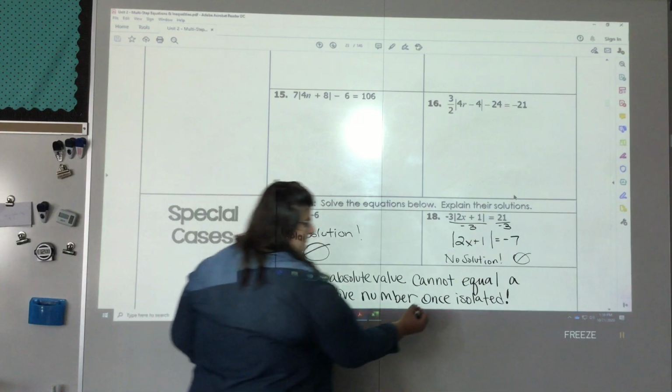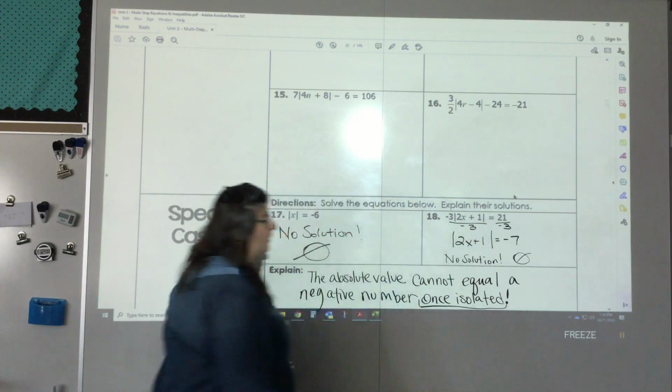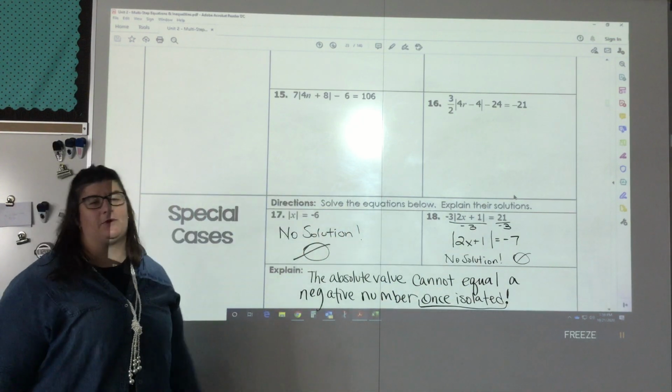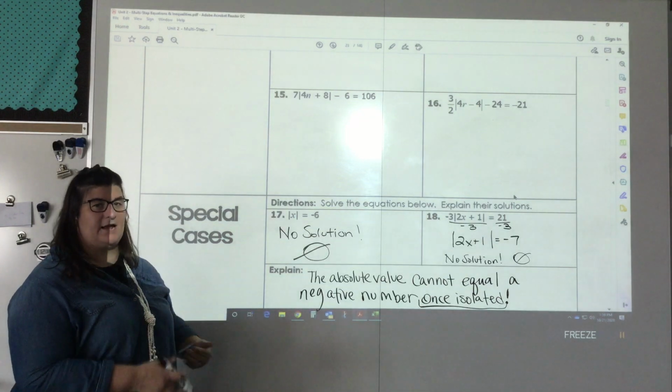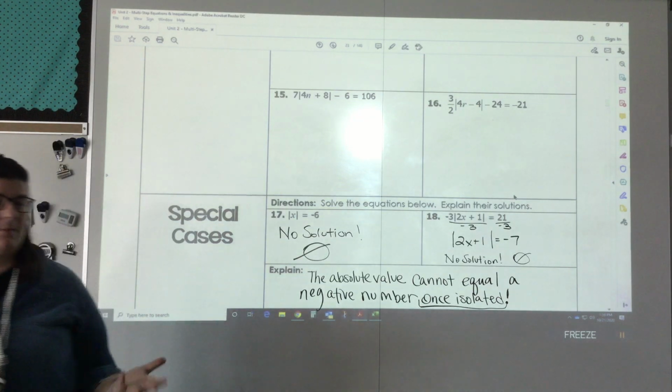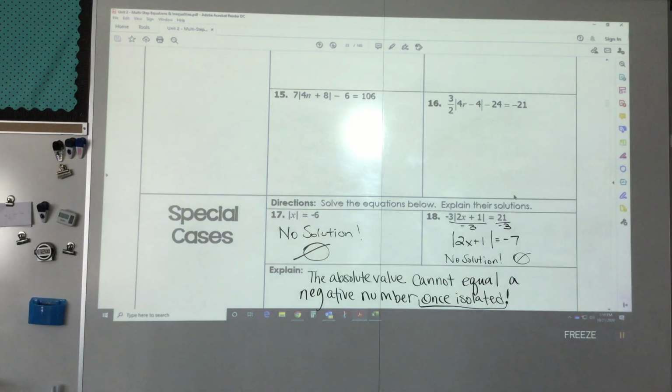This is key. That's what I was just referring to there. Once it's isolated. 16 is a perfect example. Right now it equals something negative, but once we isolated that absolute value, it ended up becoming positive. Therefore, we could solve it.